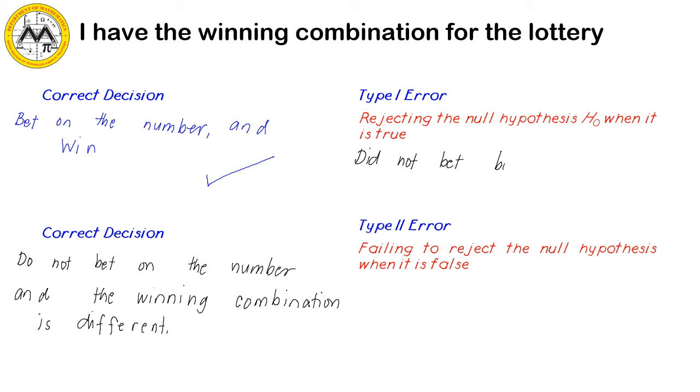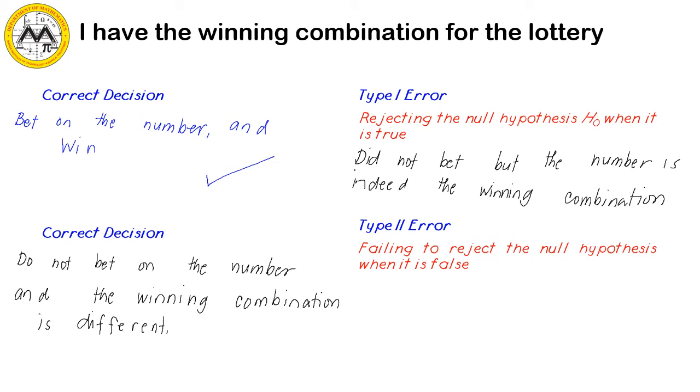But the number is indeed the winning combination. So this is an unfortunate situation. You are supposed to have the winning combination, but you did not bet on it.